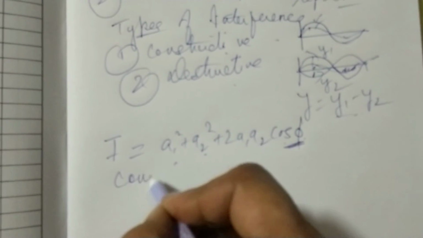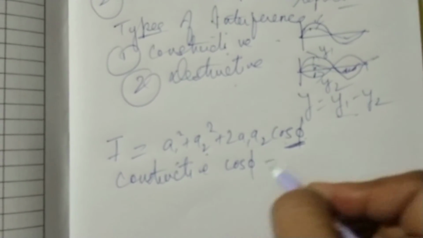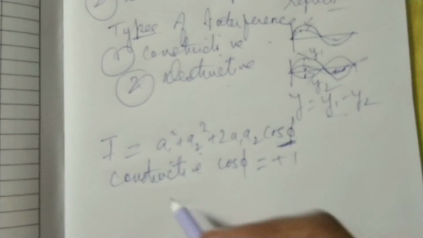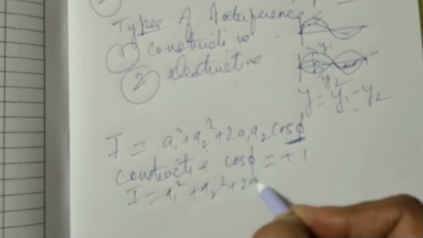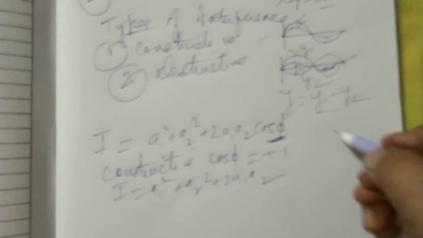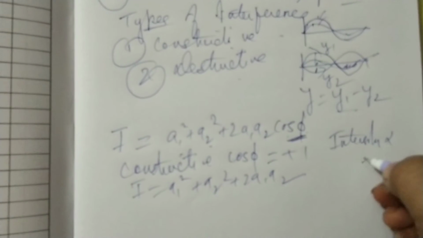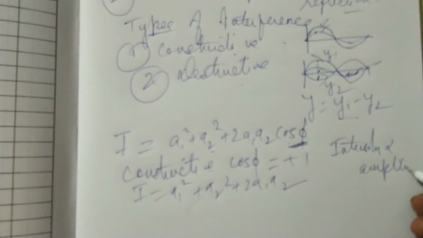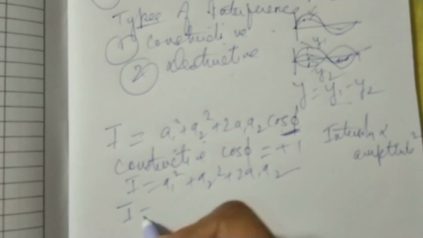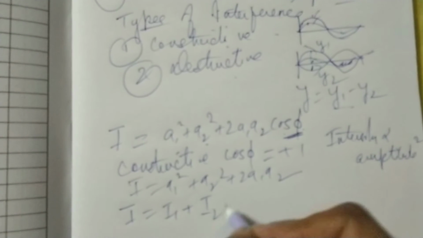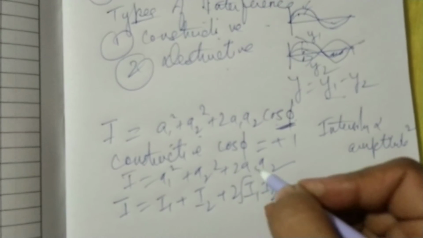In constructive interference, the value of cos phi is equal to plus 1. So we get I equals a1 square plus a2 square plus twice a1 a2. As the intensity is proportional to amplitude square, we can very well write I equals I1 plus I2 plus twice root over I1 I2, because it is a1 and a2.